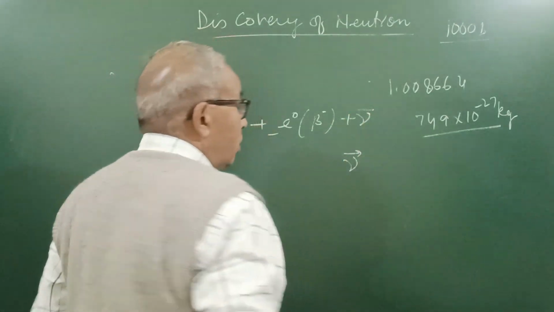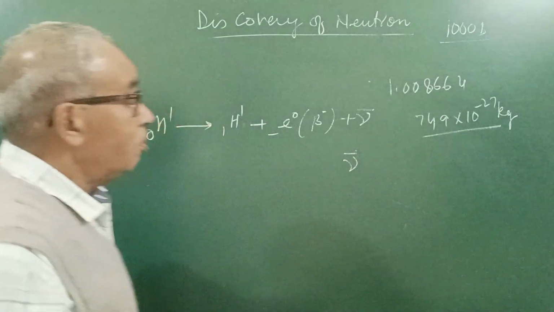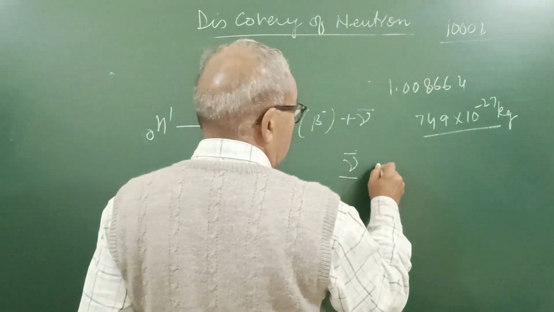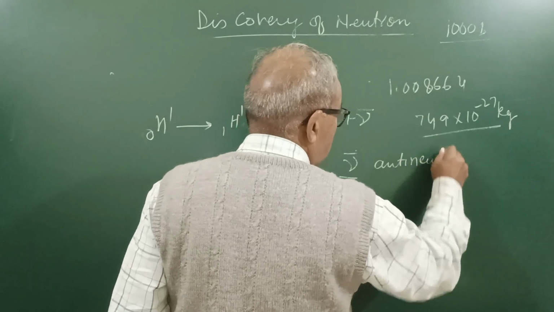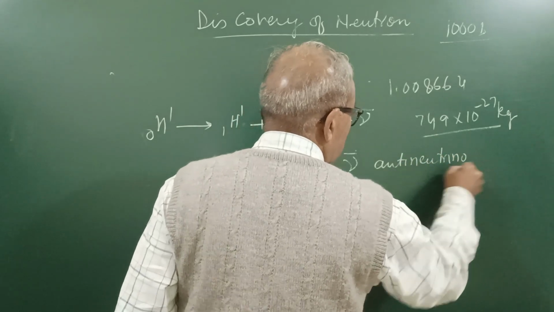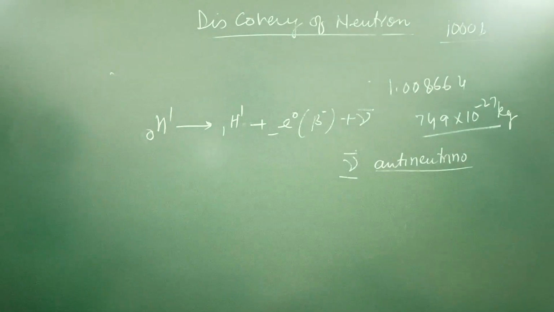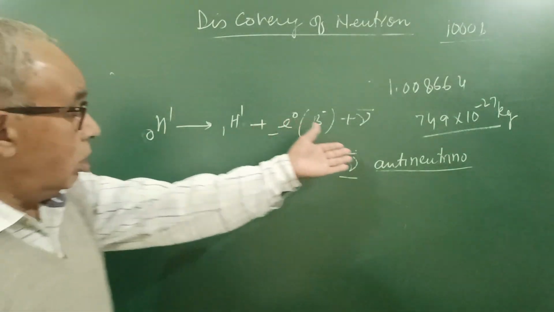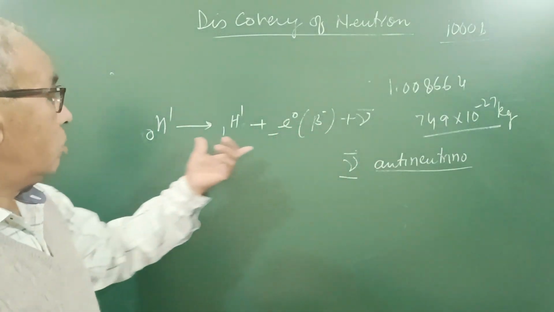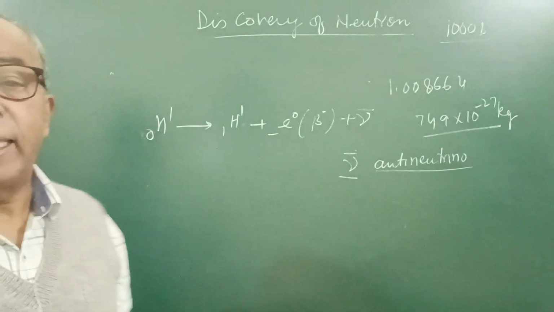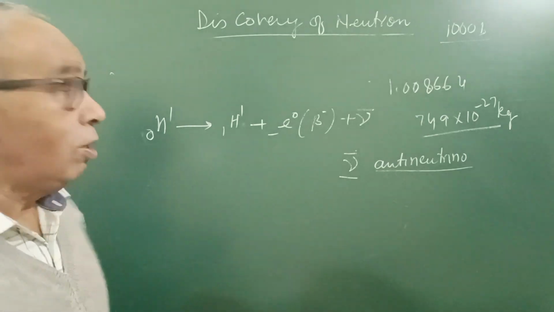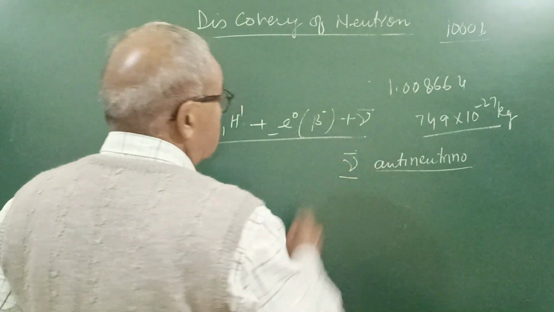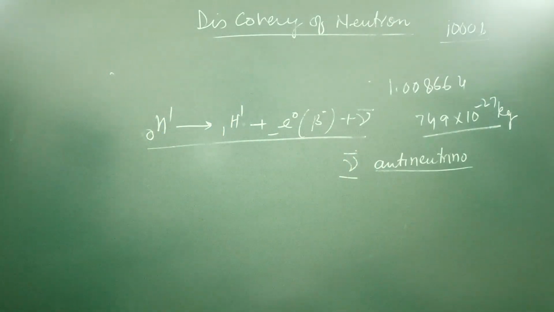Nu bar is a very light uncharged particle, and is called the antineutrino. The neutron may decay outside the nucleus as well as inside the nucleus according to this scheme.